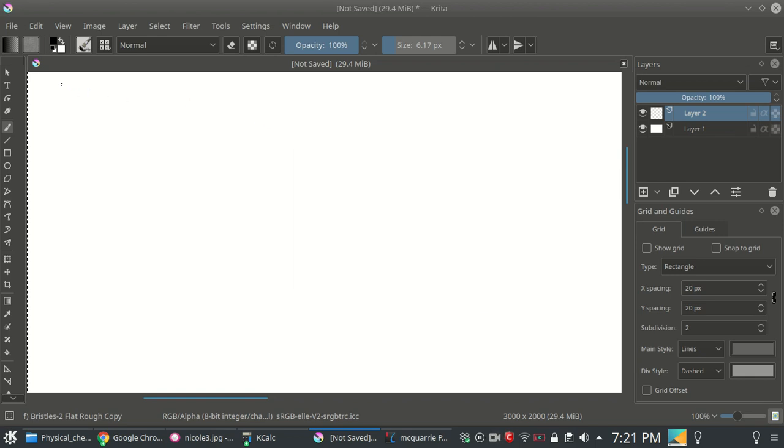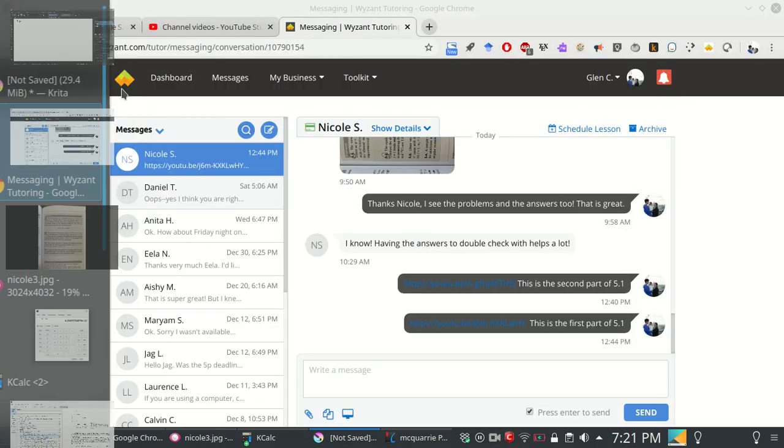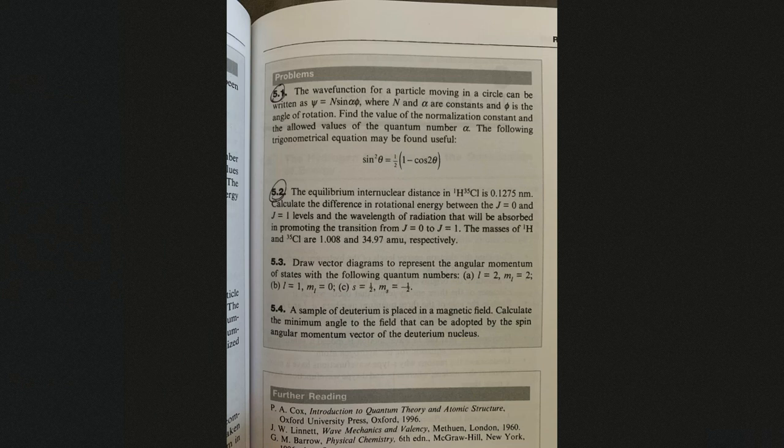Hi Nicole, this is for 5-2, and the problem says that the bond length, equal to the internuclear distance, is 0.1275 nanometers.